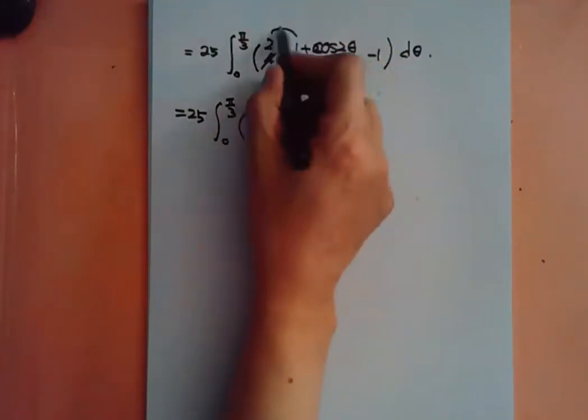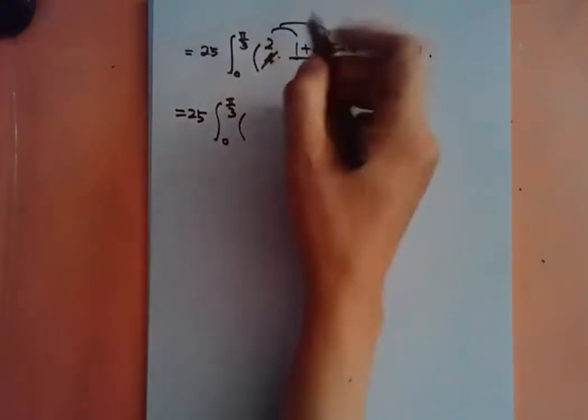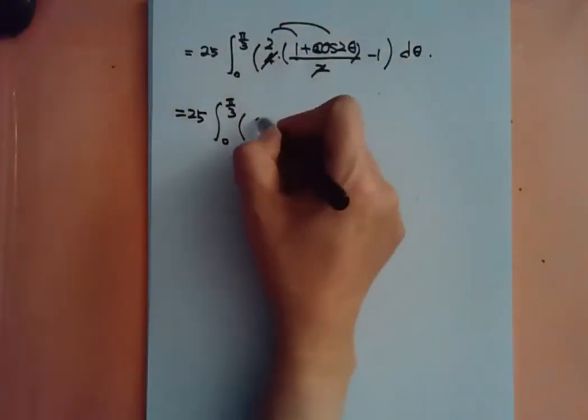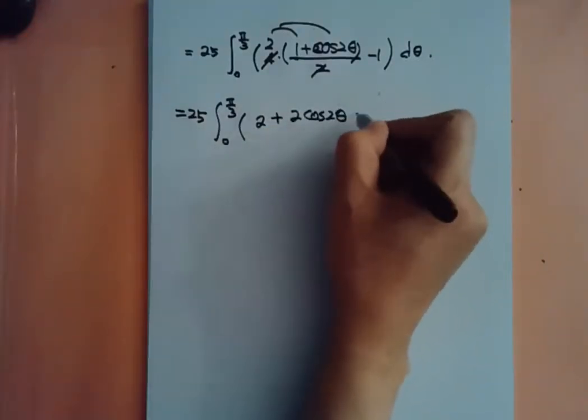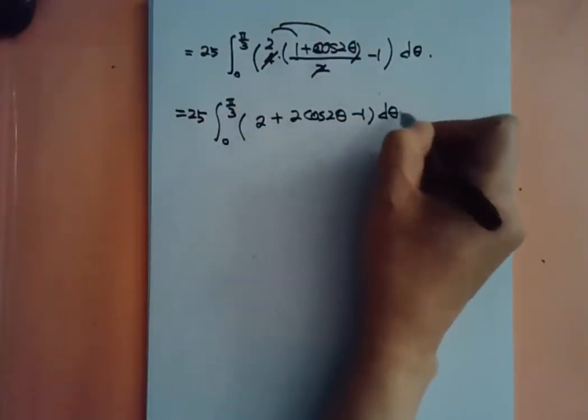And we distribute, then 2 plus 2 cosine of 2 theta minus 1 d theta.